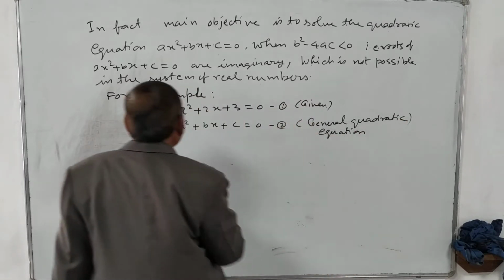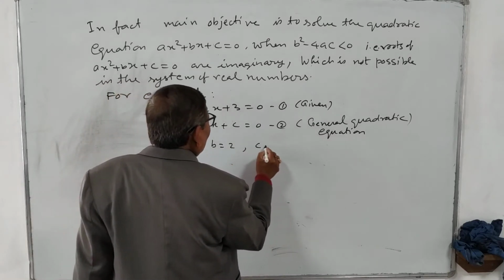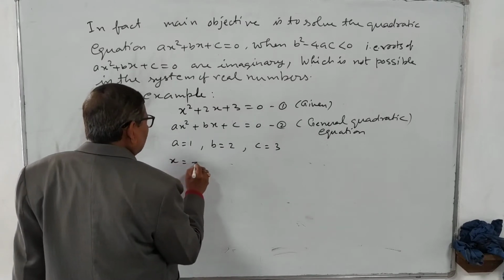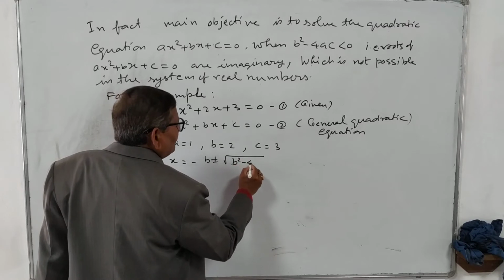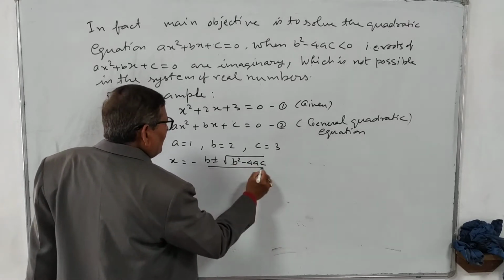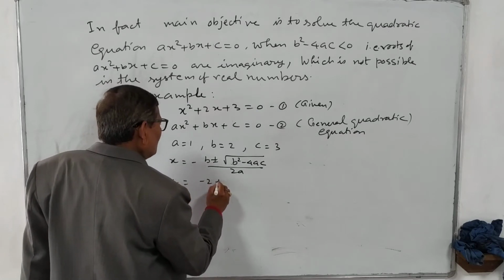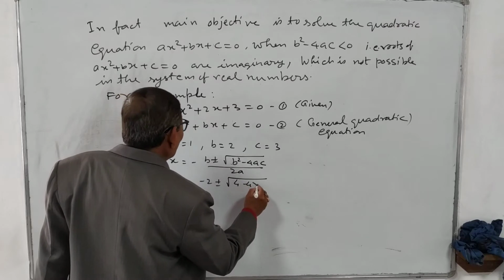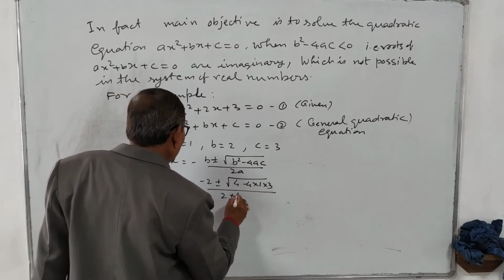We find that a is 1, b is 2, c is 3. Now by the formula x equal to minus b plus minus under root b square minus 4ac upon 2a, x can be written as minus 2 plus minus under root 4 minus 4 into 1 into 3 upon 2 into 1.